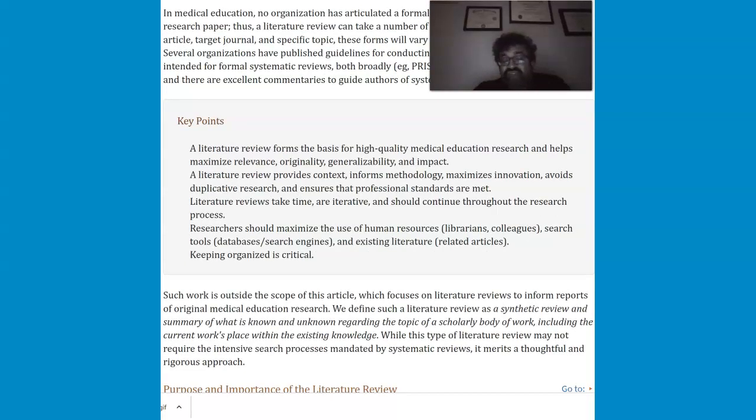Researchers should maximize the use of librarians, colleagues, search tools, databases, search engines, existing literature, and related articles. You may have access to all of these resources but not utilize them effectively, or use them only minimally. So you want to make sure that you're conducting literature reviews that are comprehensive.